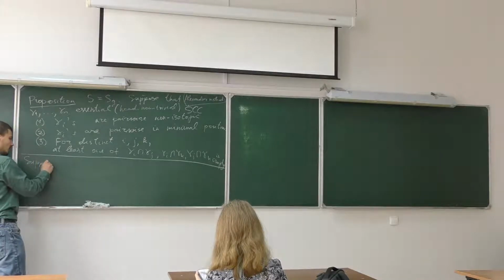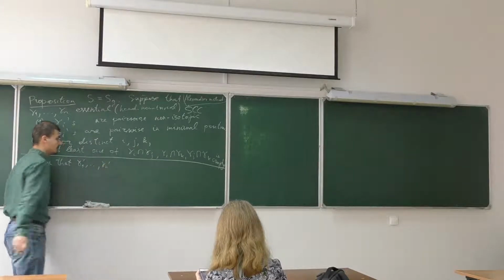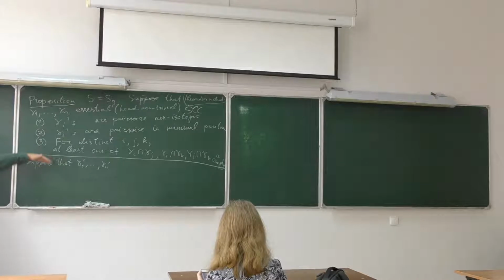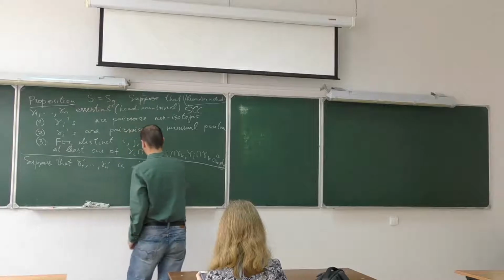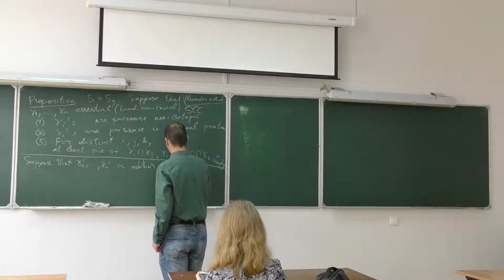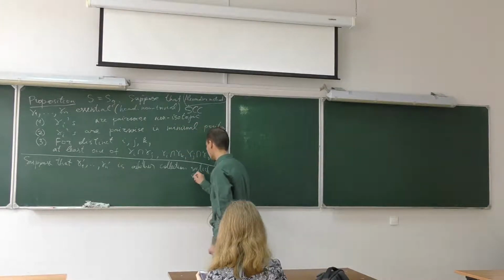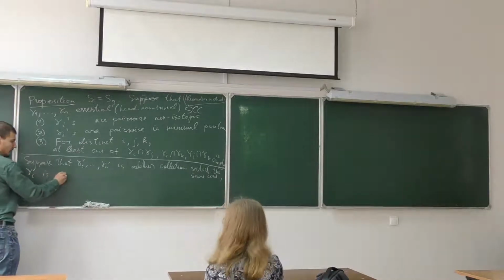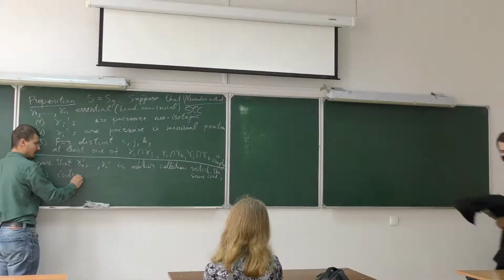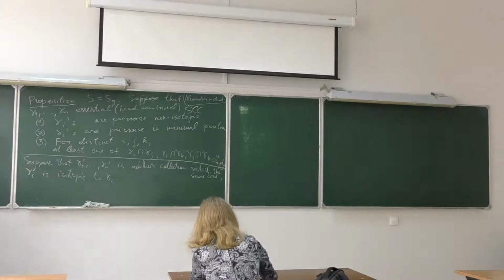Now suppose that gamma 1 prime, ..., gamma n prime is another collection of curves satisfying the same conditions, and besides, suppose that gamma i prime is homotopic and hence isotopic to gamma i for each i.